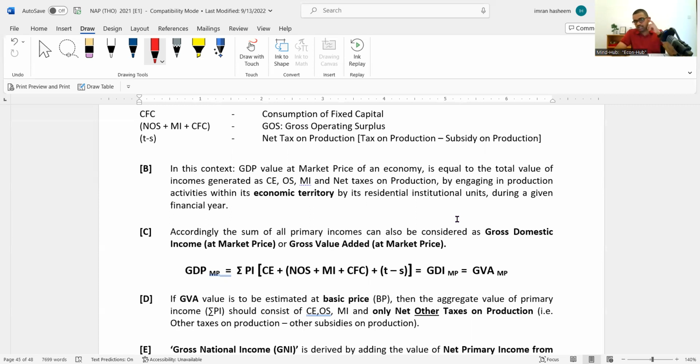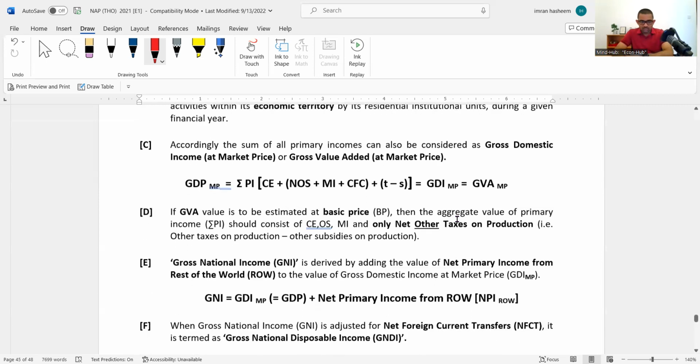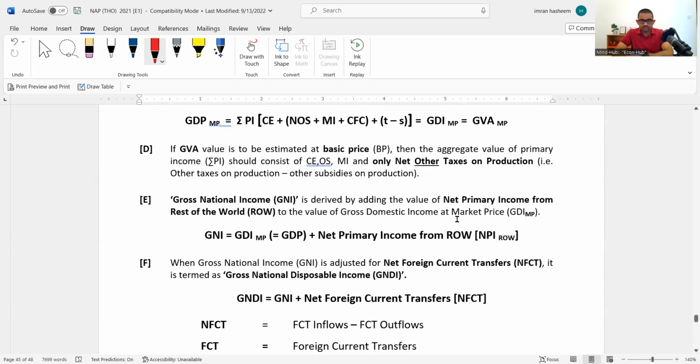And if we are estimating it at market price, which is equal to GDP, then we take all the relevant taxes in terms of net tax on production and imports, or net tax on production. So that part, I'm referring to the very important understanding you need to have about part D, right?